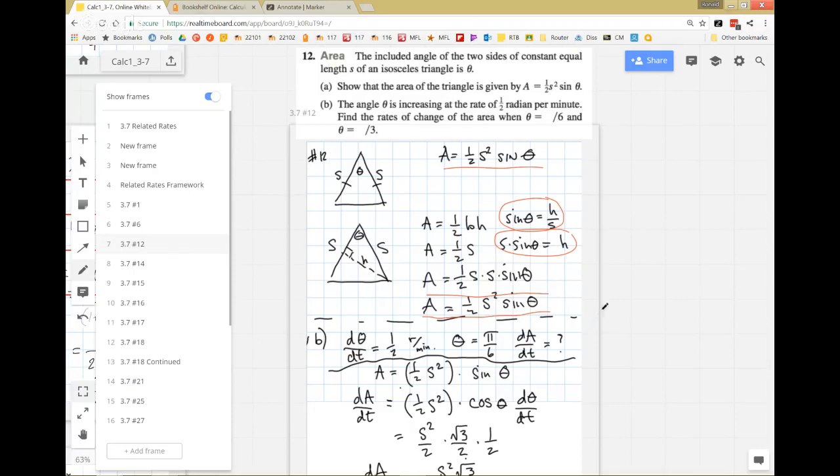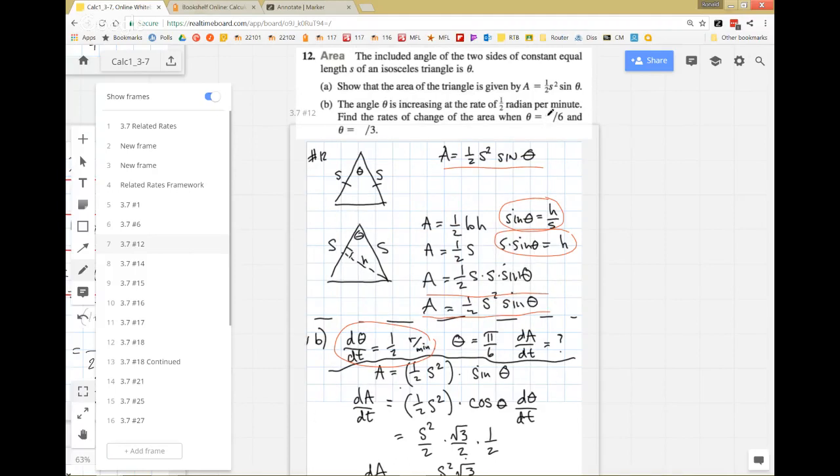Now, part B. The angle theta is increasing at a rate of 1/2 radian per minute. I'm just reading up here in part B. That's telling you d theta dt is 1/2 radian per minute. Secondly, find the rates of change when theta equals pi over 6. By the way, that's supposed to be a pi.